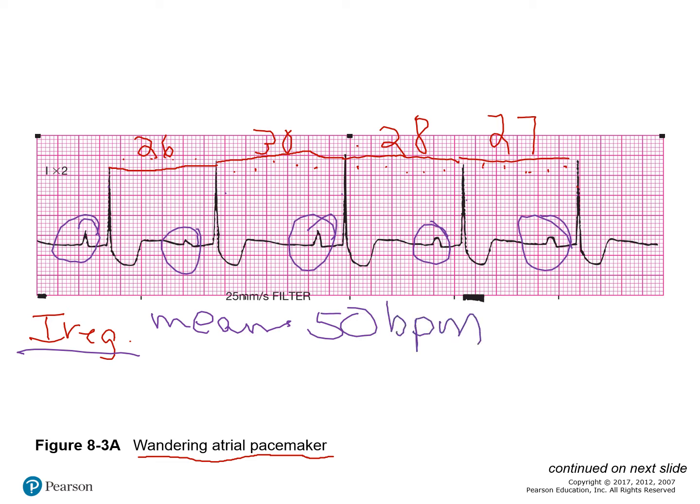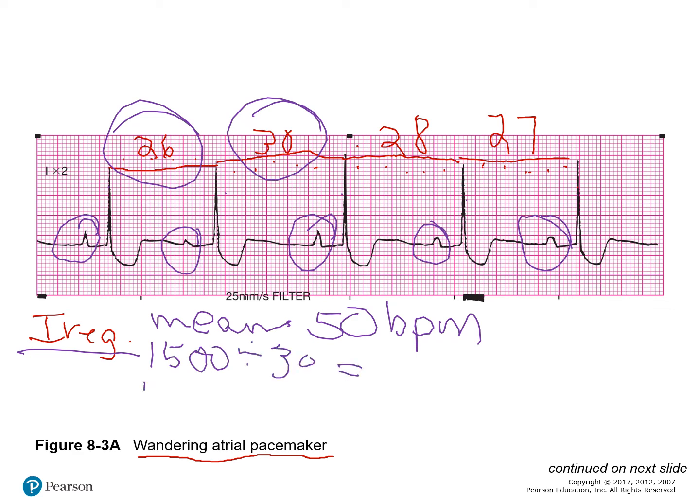So now we need to find our heart rate range. Well, when we're doing heart rate range, we have to do what? We take our biggest interval and our smallest interval and divide that into 1500. So 1500 divided by 30 gives me this, and 1500 divided by 26 gives me this.